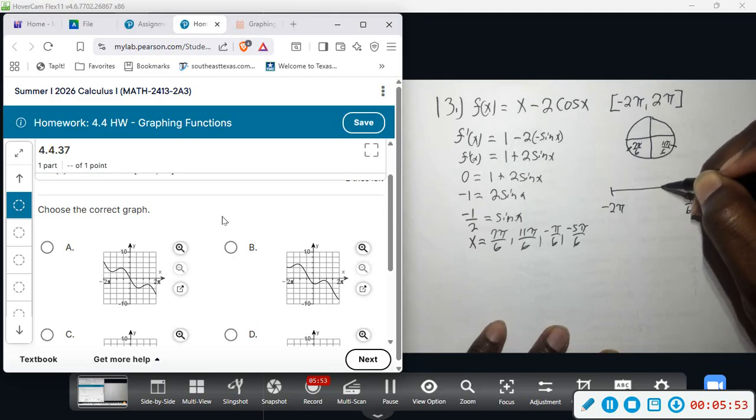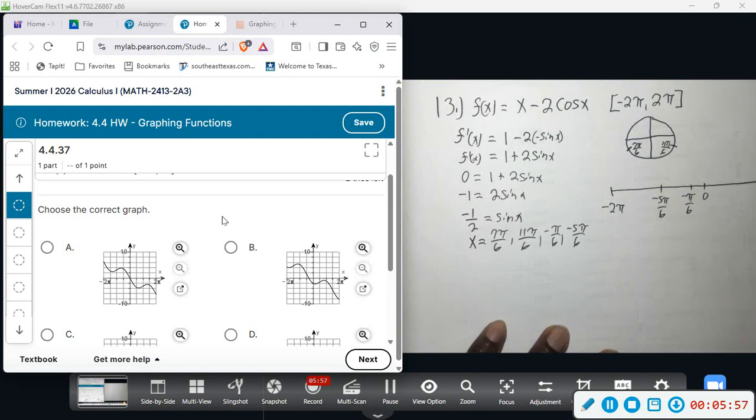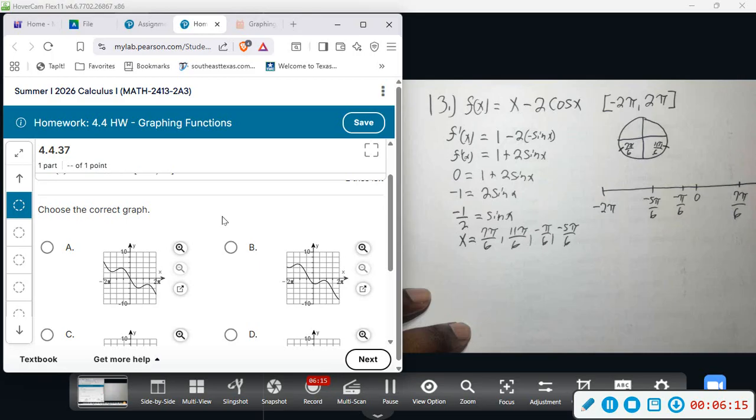Then let's say negative 5 pi over 6. And then over here we would have positive 7 pi over 6 and 11 pi over 6. So that kind of runs off a little bit.